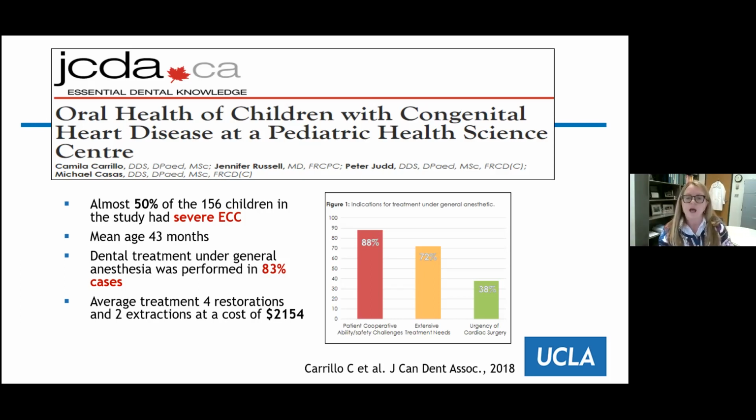And oftentimes it may precipitate itself into a cardiac arrest situation. And unfortunately, I have seen children that have died undergoing dental procedures with general anesthesia. So these things should not be taken lightly. And these were in centers that had pediatric anesthesia in a hospital-based center.